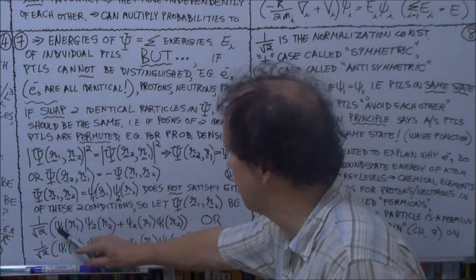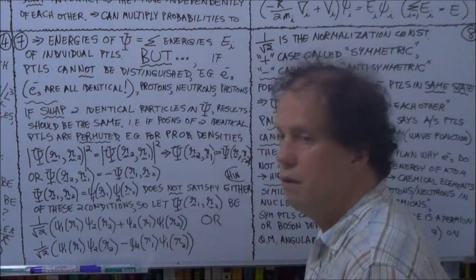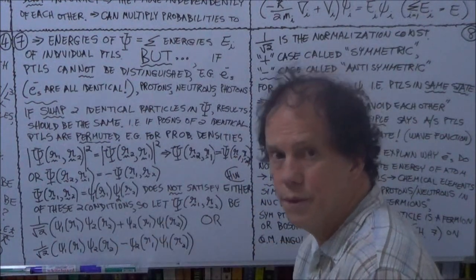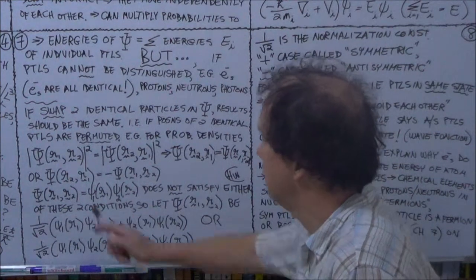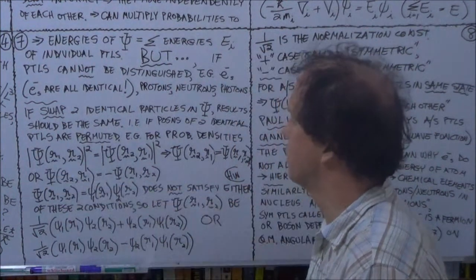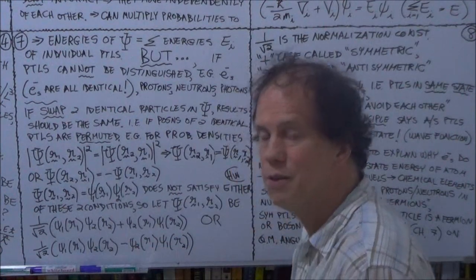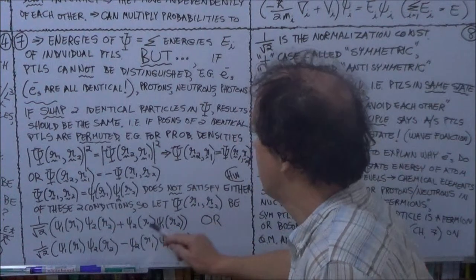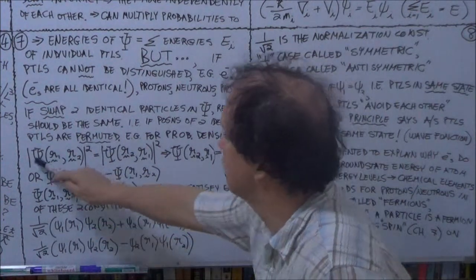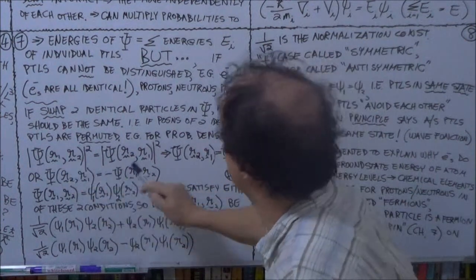Right? So these wave functions here are wave functions of single particles. But when you go to multi-particle systems, and these individual particles are all identical, you can't tell the difference between them, then you need some weird combination like this for this criterion to be met.